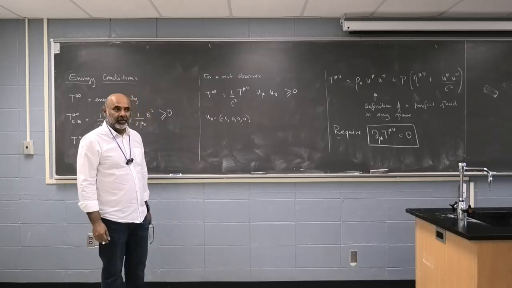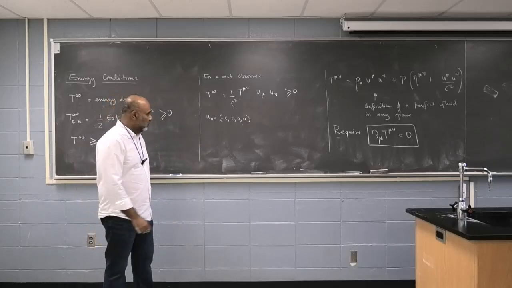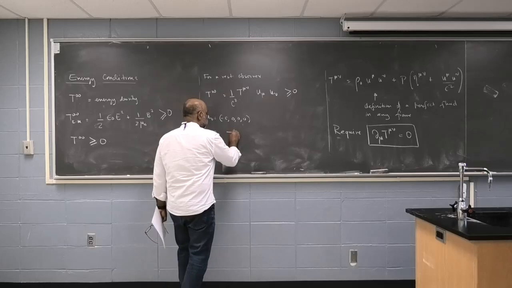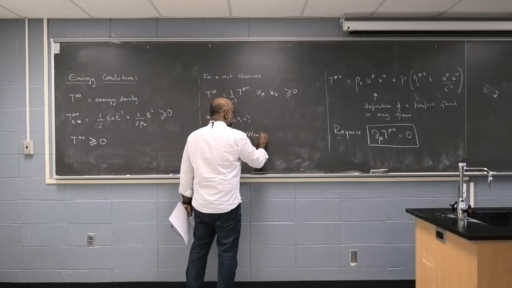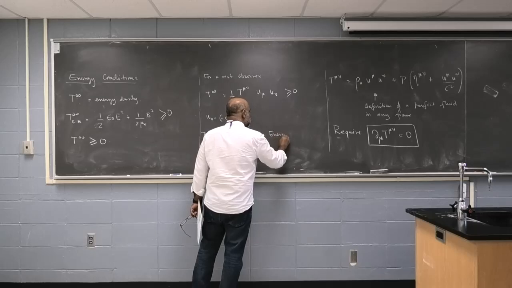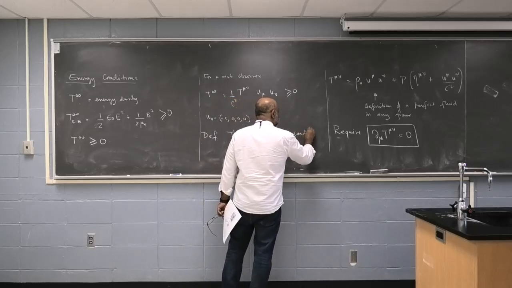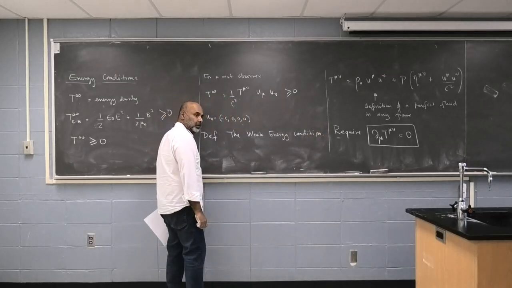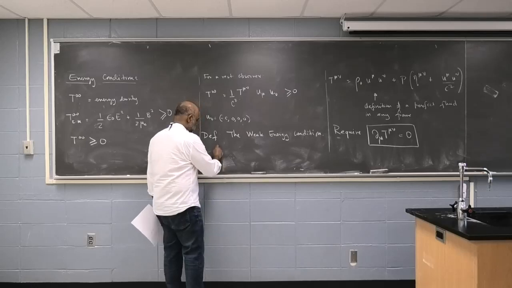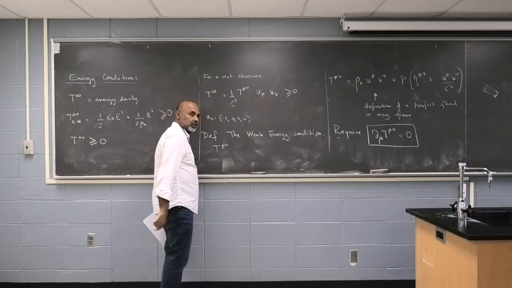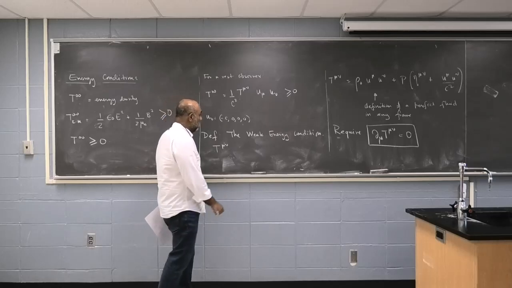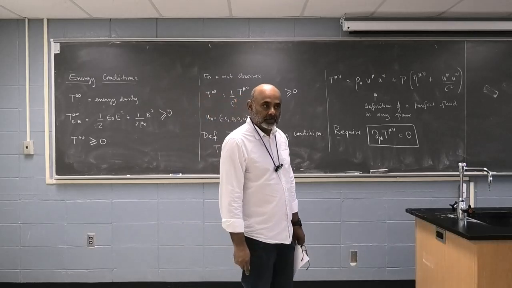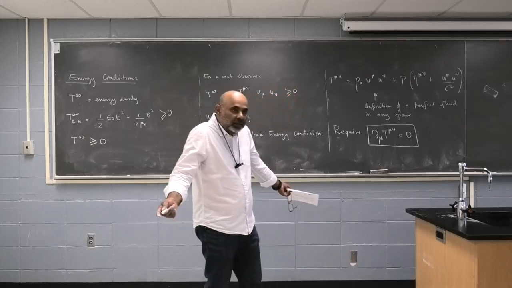Are all observers resting? No. So this is called, by definition, the weak energy condition. We require that every T mu nu, when contracted with any observer, is non-negative. So what is an observer? A future pointing time-like vector. Correct? In general.